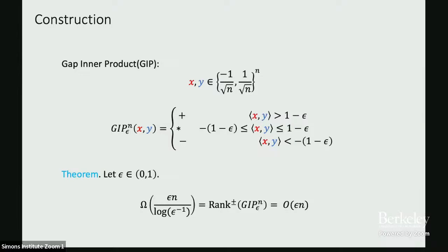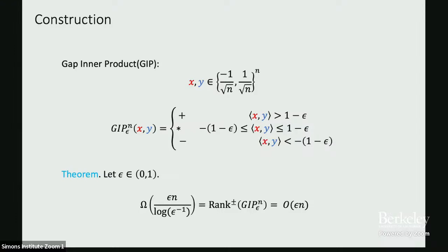And I define this matrix by putting plus if the inner product is at least 1 minus epsilon. Think of epsilon as some small constant, let's say a quarter or something. And if it's less than minus of that, I put minus. And if it's in between, I put star. So the claim is that the sign rank of this is epsilon n roughly.